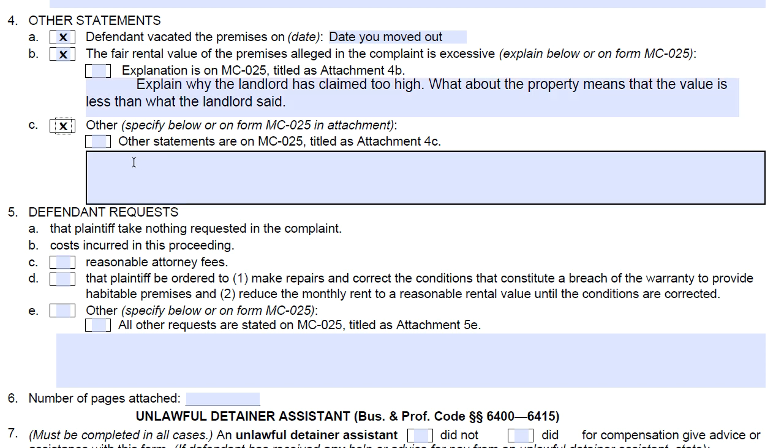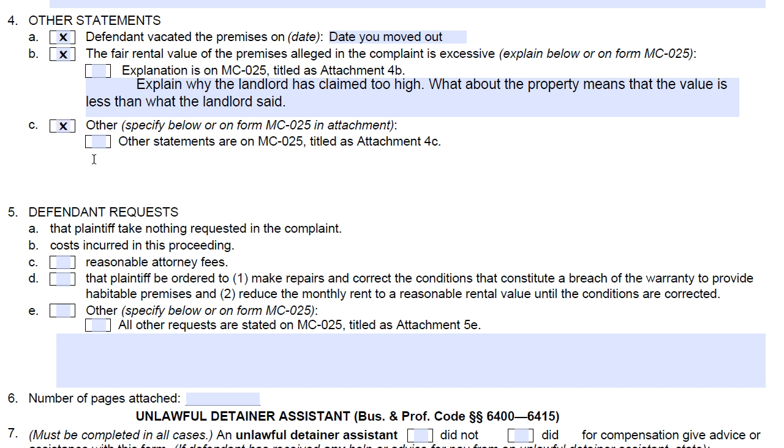Finally, you can write anything else that you want the court to know about your relationship with the landlord, about the condition of the house. Make sure that you tell your story. This is a good opportunity to do that.